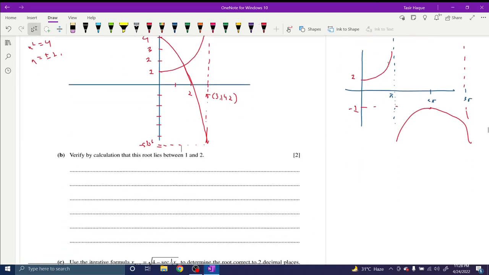So we need to justify this. Always write this statement after you draw this.